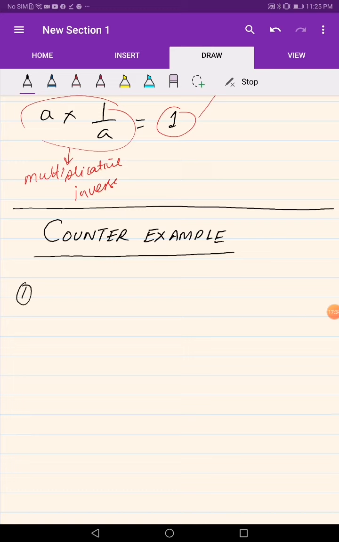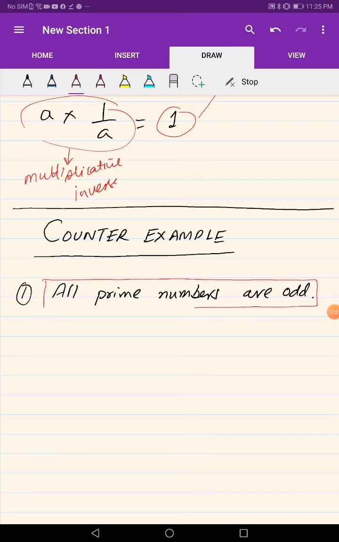All prime numbers are odd. Now this is a statement. Some people call it a statement, some people call it a proposition. Okay, this is a mathematical statement. Now this mathematical statement may be true or false.